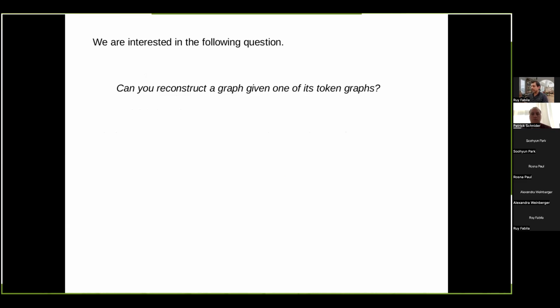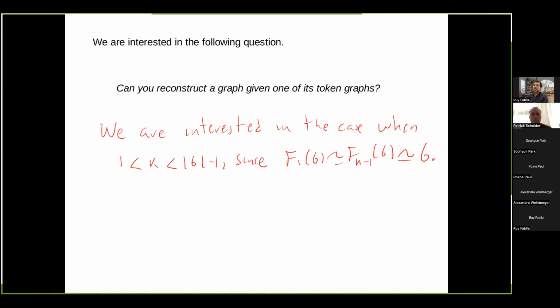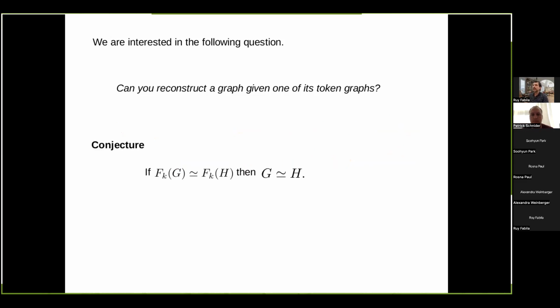Now this makes sense, or it's interesting, when K is not either 1 or n-1, because clearly the 1-token graph of G is isomorphic to G, and the (n-1)-token graph of G is isomorphic to G. So if you don't tell me K, then I can always assume that K is equal to 1. So we're interested in when K is not either 1 nor n-1, okay?